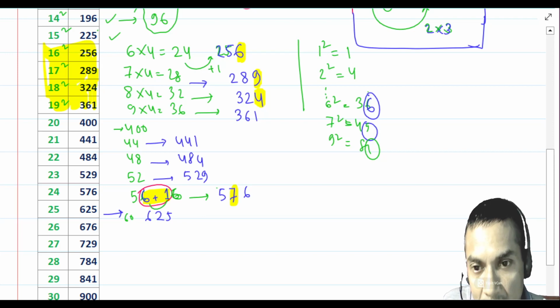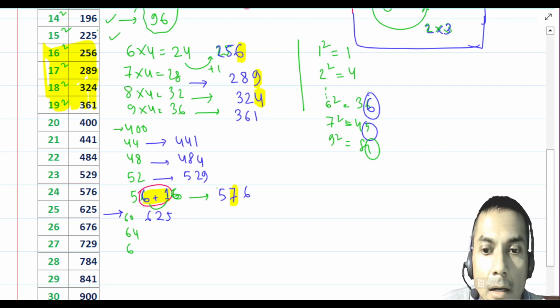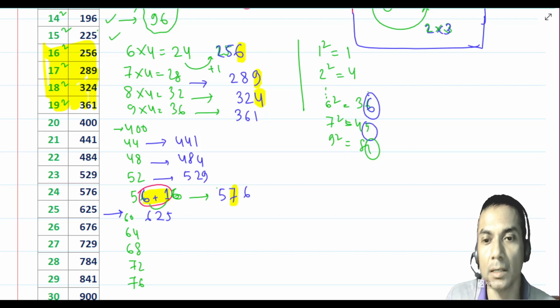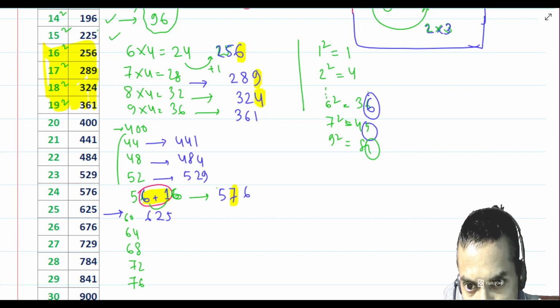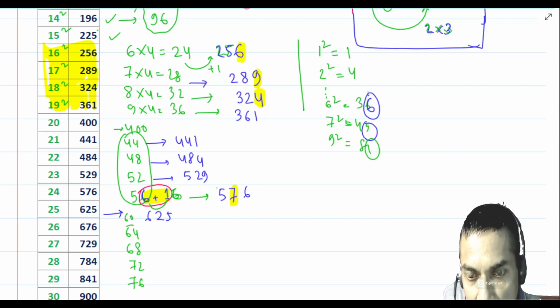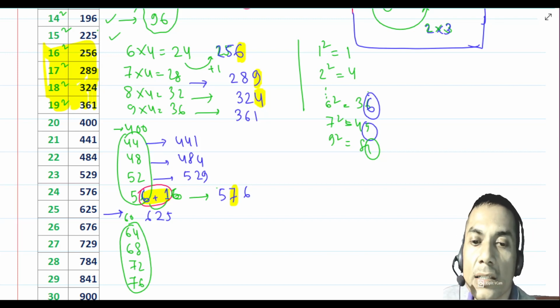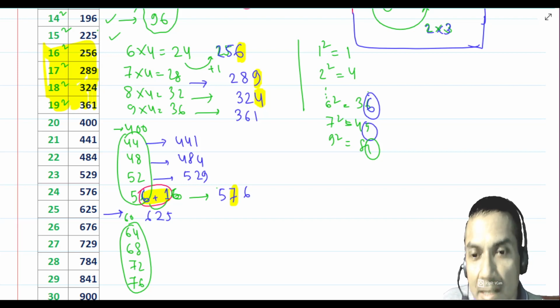Then next, it is a continuation of this 44 series, 60, then 64, then 68, then if you add 4, 72, then 76. Clear? The same way, so you must remember this group here, and after 60 this group here. This is the way to remember. So 25, 26, 27, 28, 29. After 60: 64, 68, 72, 76. But what change? You have to follow this rule.